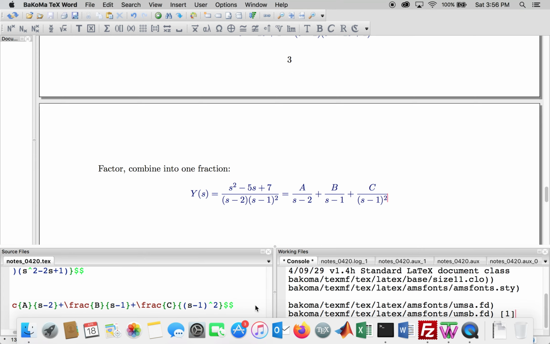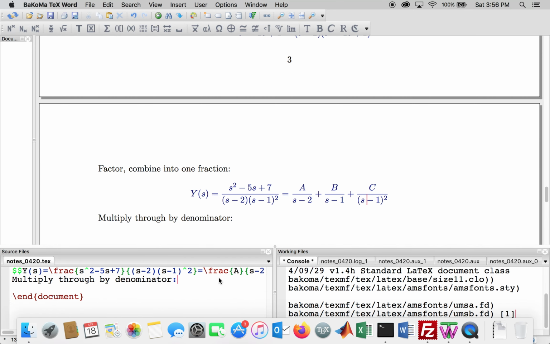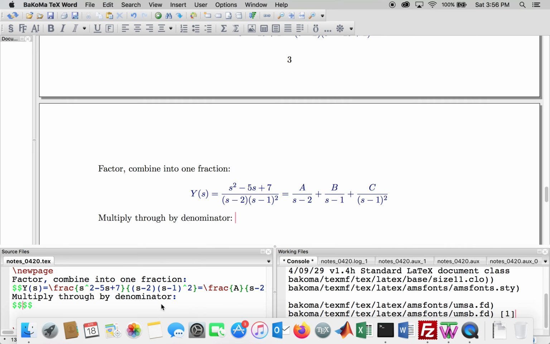So take this equation, forget the capital Y of s for now. The rest of this, multiply through by the denominator. What you get is s squared minus 5s plus 7 is equal to A times... whatever factors are present down below cancel.